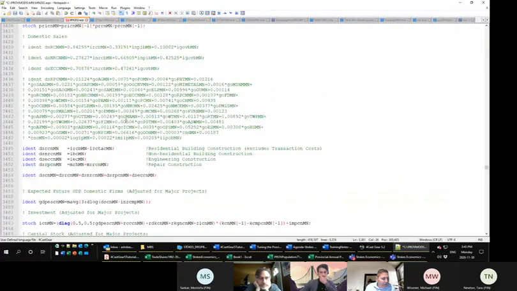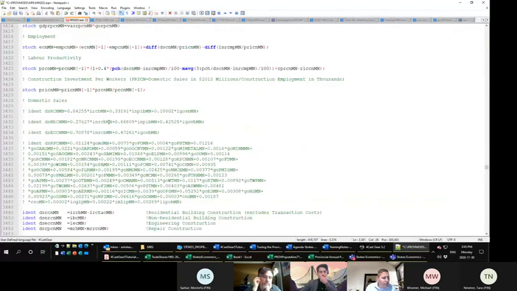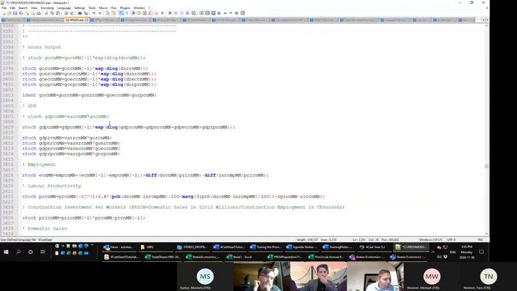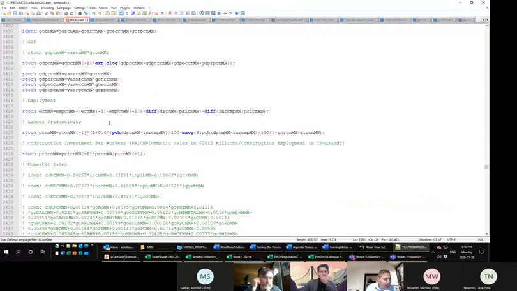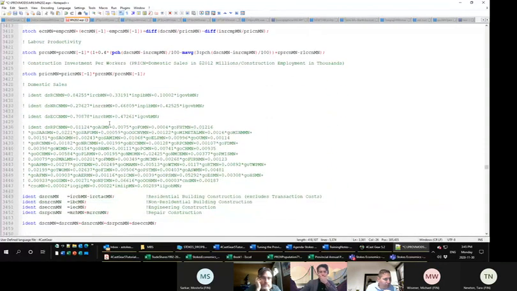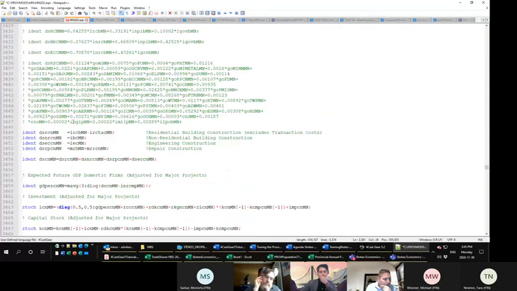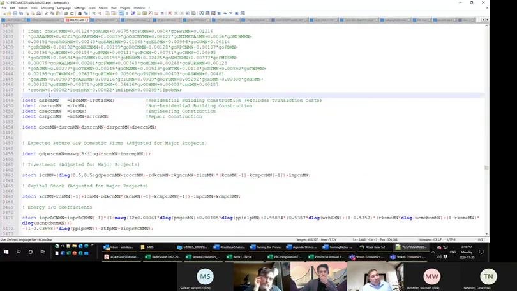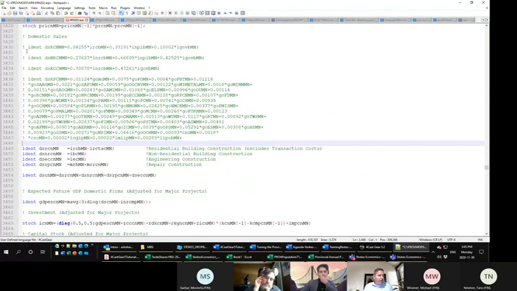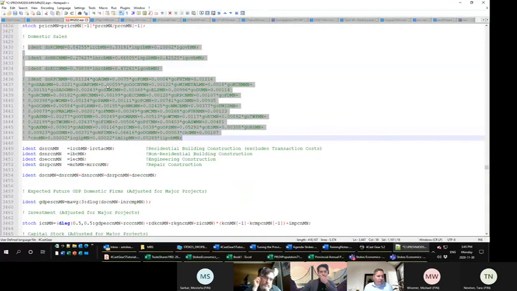Okay, so if I move ahead, actually one thing that I should show you is the construction industry. What we've done with the construction sector is we've shut off the domestic sales equations computed from the input-output framework. And that's because we have such a detailed investment sector in this model.